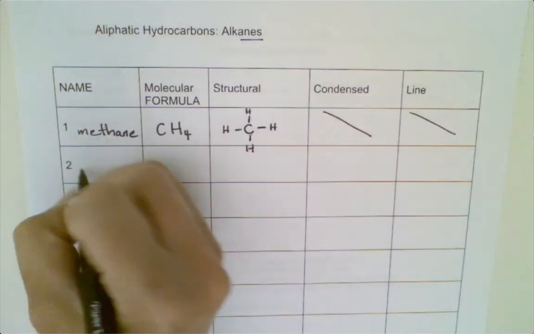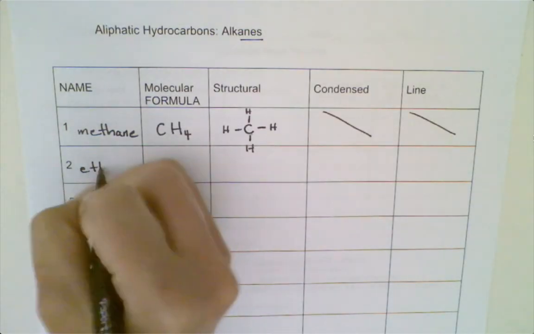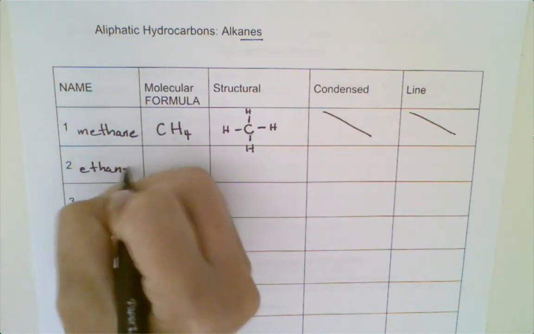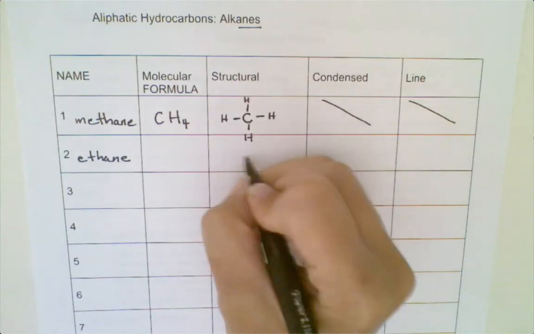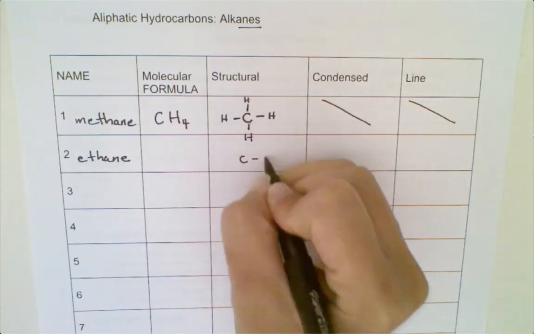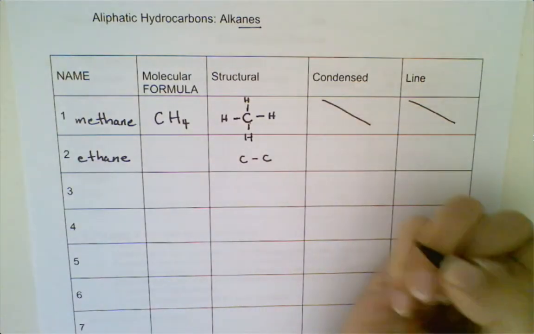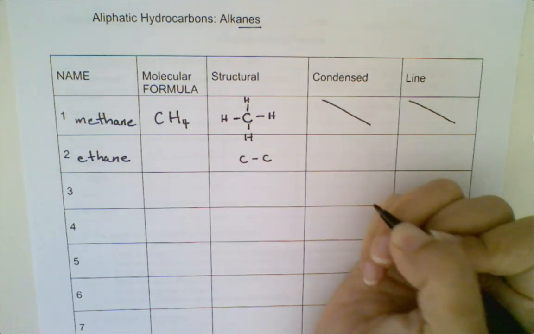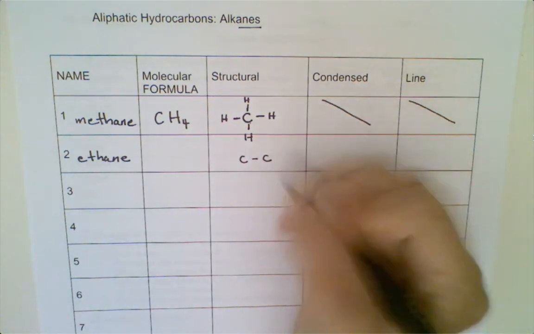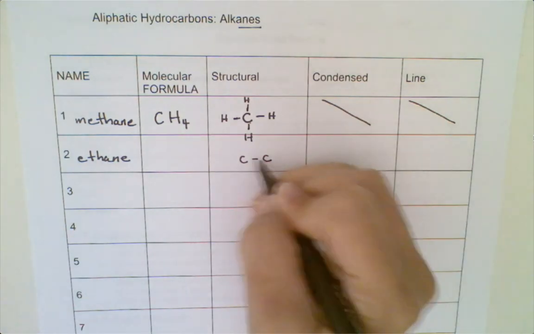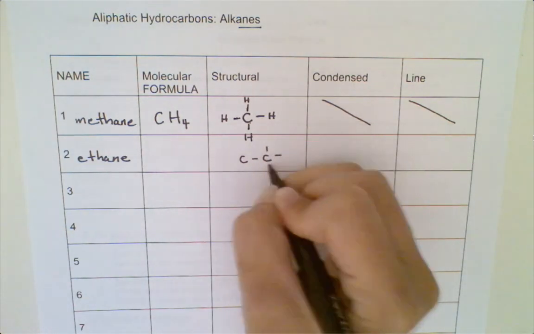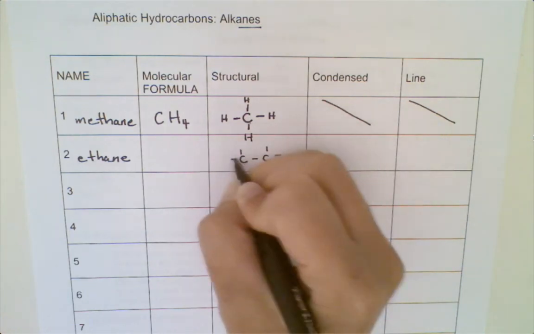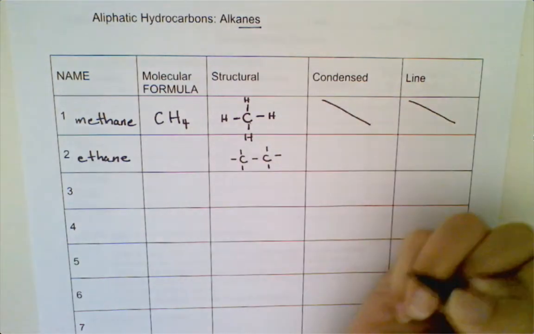The next one is ethane. Ethane has 2 carbons. So I'm going to draw 2 carbons side by side, and then I will fulfill the number of hydrogens needed to make sure that each carbon has 4 links. 1 link is already between the carbon-carbon atoms, so this carbon only requires 3 hydrogens, and this carbon requires 3 hydrogens.